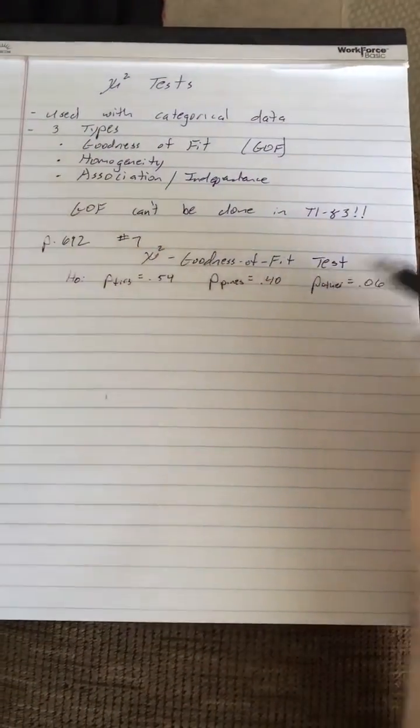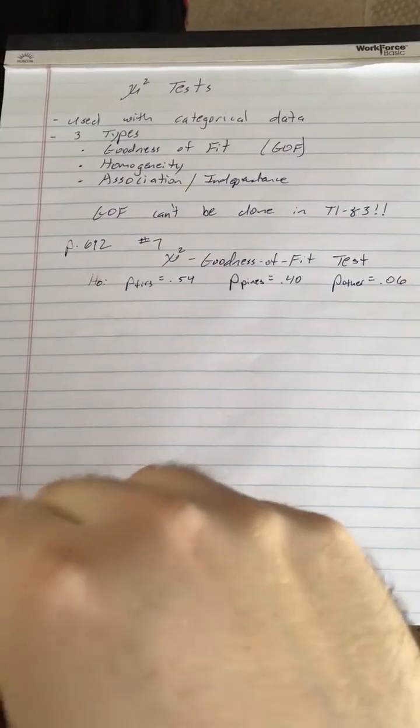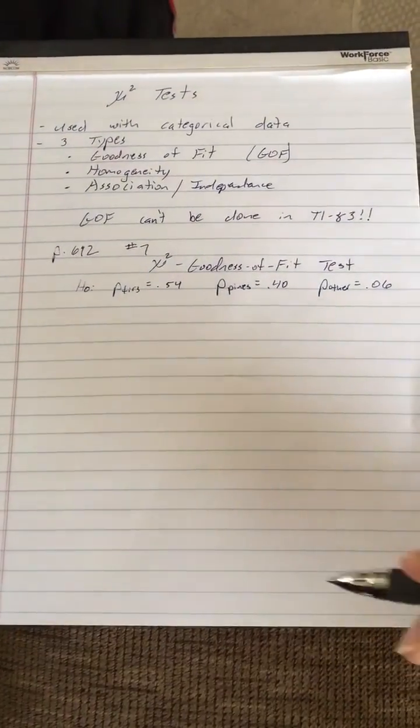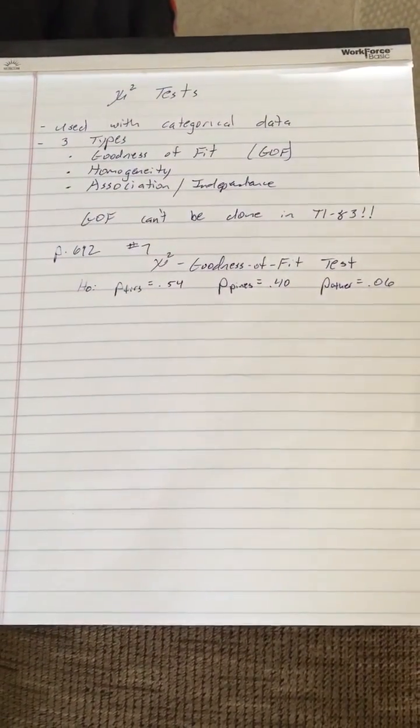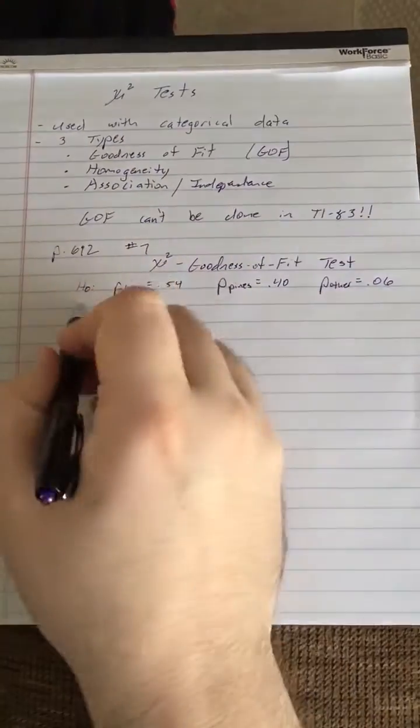You do not have to write firs, pines, and other. You can call them P1, P2, and P3. It doesn't matter. But if you do that, then you're going to have to say where Pi equals the proportion of a specific type of tree or something like that. If you do it the other way, you don't have to put the where Pi equals something. So a lot of times I'll just do it like this instead of P1, P2, and P3.